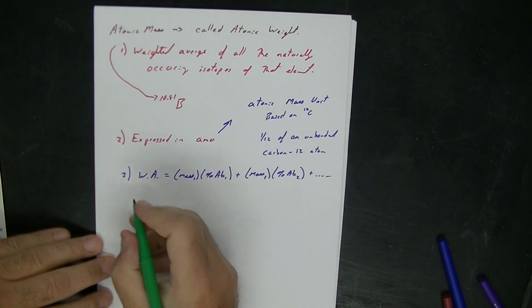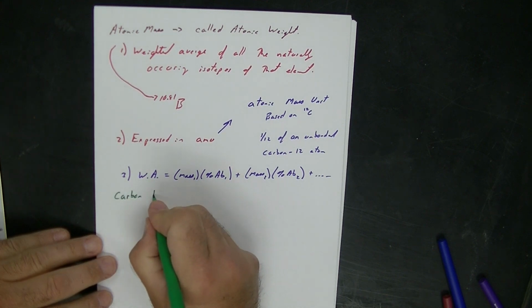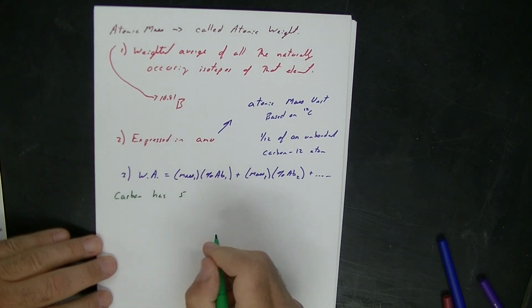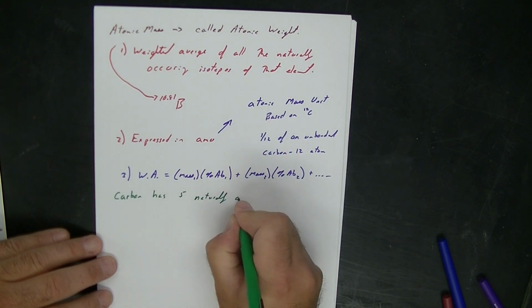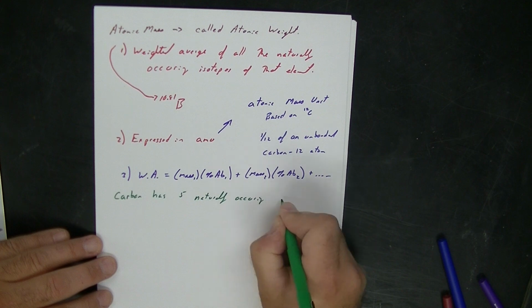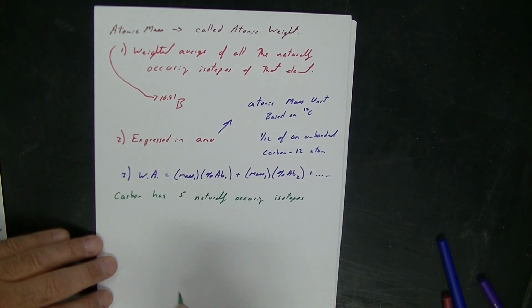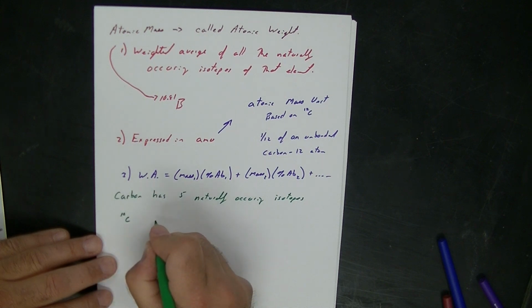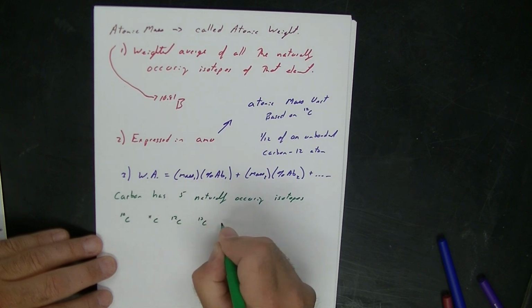So carbon has 5 naturally occurring isotopes. Here's carbon-10, carbon-11, carbon-12, carbon-13, and carbon-14.